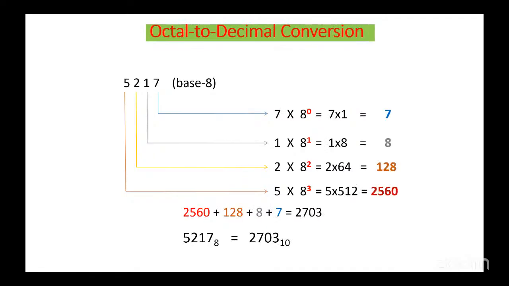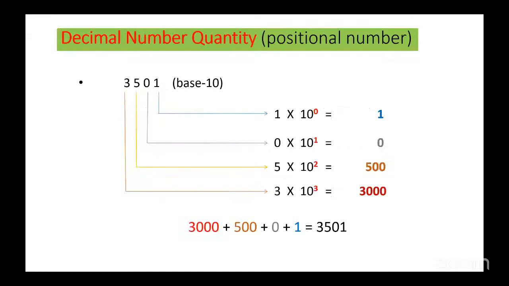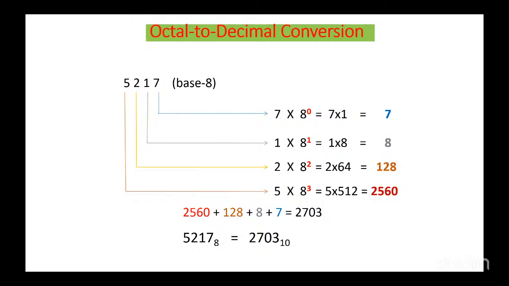Next is octal to decimal. Every time we are converting to a decimal number: binary to decimal, octal to decimal. How to convert any number into a decimal number? This is the method.